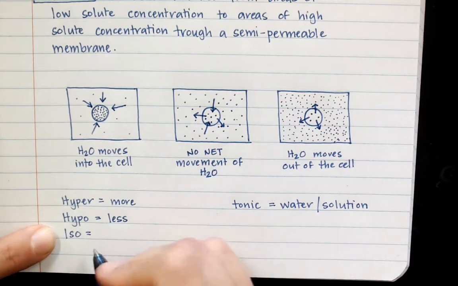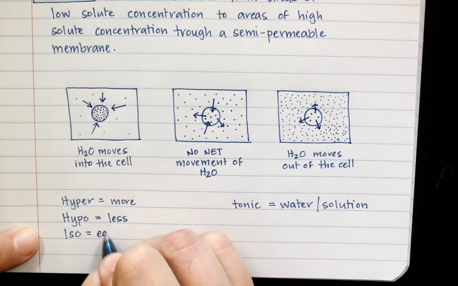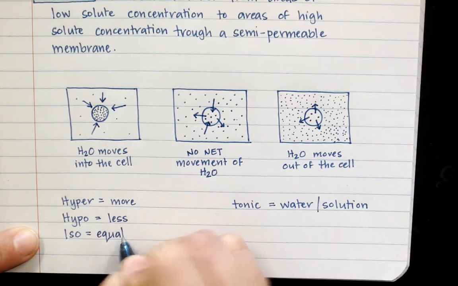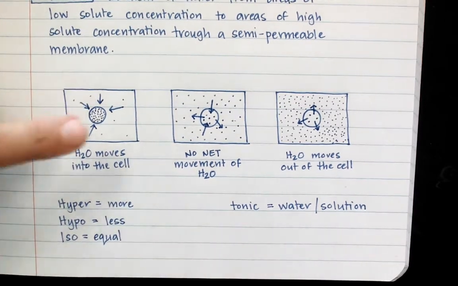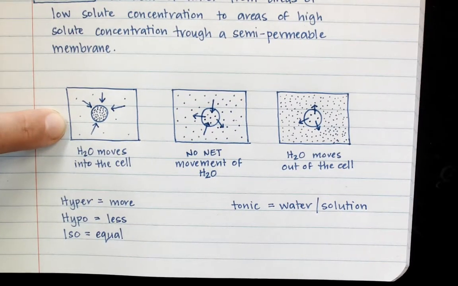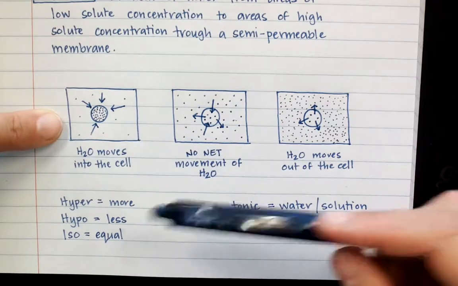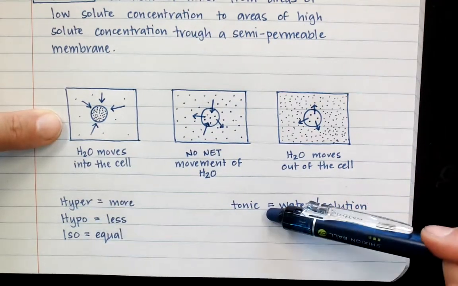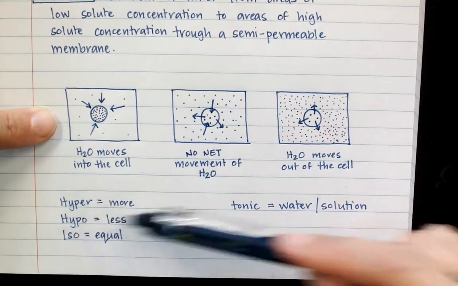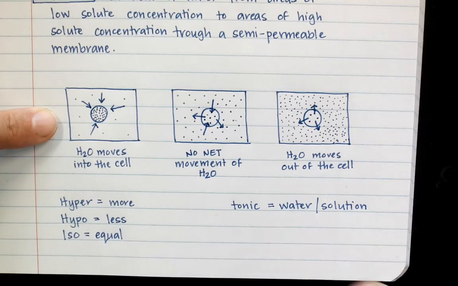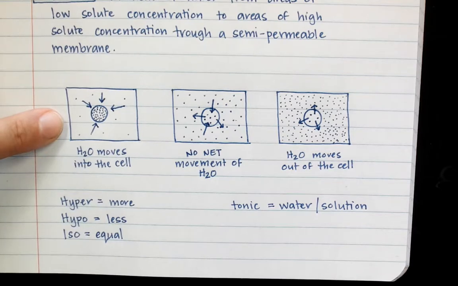And iso means equal. So we often refer to the solution that the cells are in as being a hypertonic solution, a hypotonic solution, or an isotonic solution. So let's talk about what that means in terms of this setup here.